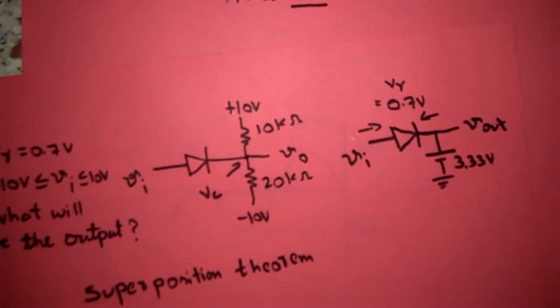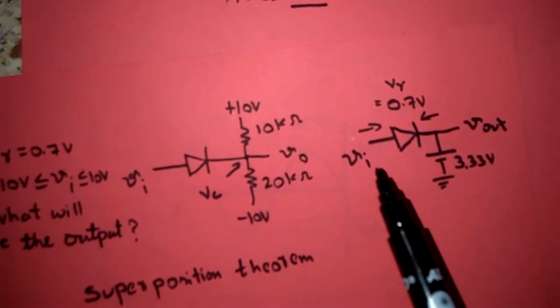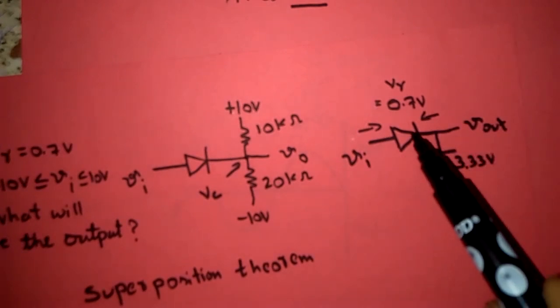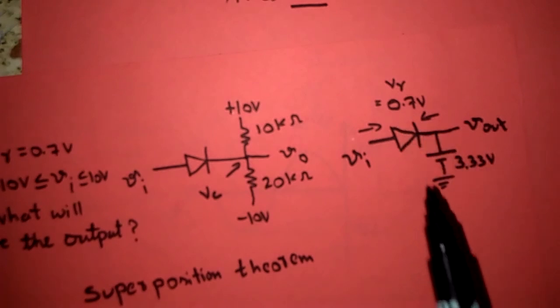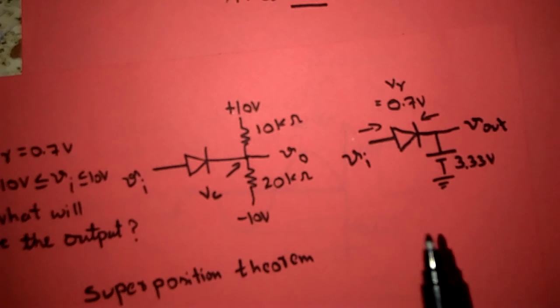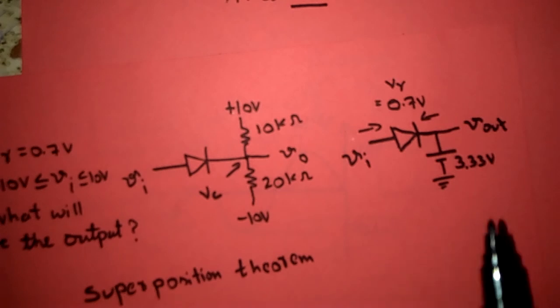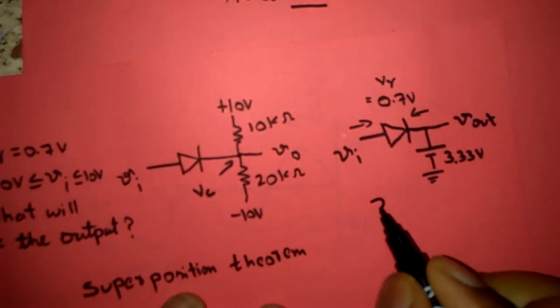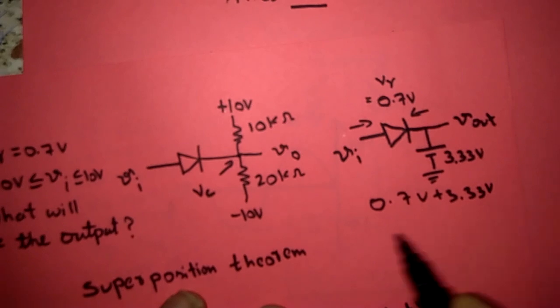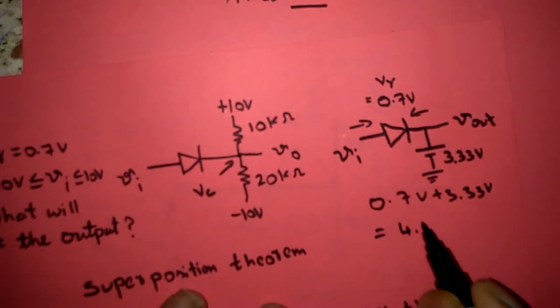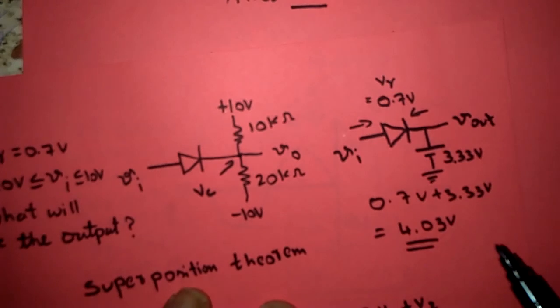So when the input is greater than the summation of these two voltages, then only this diode enters into forward bias. That means conduction will take place. Otherwise this diode enters into reverse bias. So the summation of 0.7 volts plus 3.33 volts is very important. Its value is 4.03 volts. This is the reference voltage we have to consider.